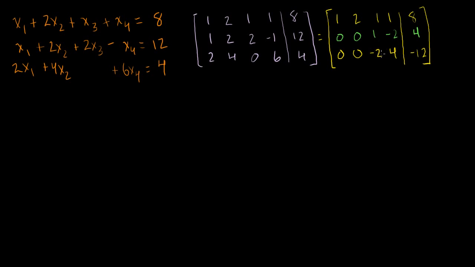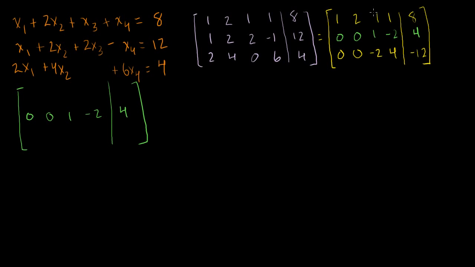Now what can we do? Let's see if we can get rid of this minus 2 term right there. So let me rewrite my augmented matrix. I'm going to keep row 2 the same this time. So I get a 0, 0, 1, minus 2, then essentially my equal sign, or the augmented part of the matrix. Actually, let me get rid of this 1 up here, because I want to get it in reduced row echelon form. Any of my pivot entries, which are always going to have the entry 1, should be the only non-zero term in their column.